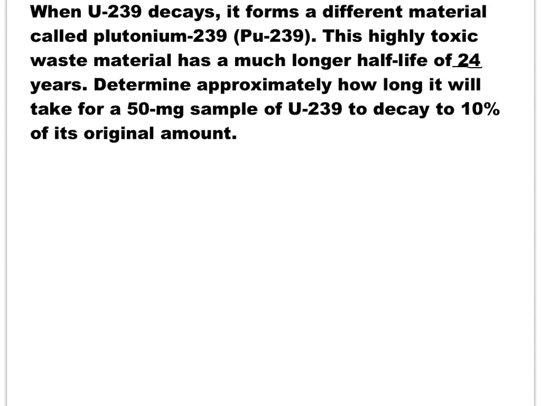This means that every 24 years we lose half of the material or half of the substance, and they become Pu-239. We are supposed to find approximately how long it will take for a 50 milligram sample of U-239 to decay to 10% of its original amount.